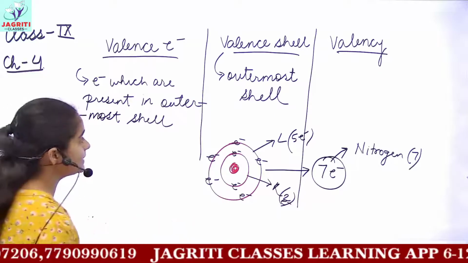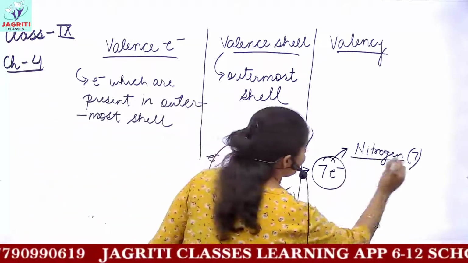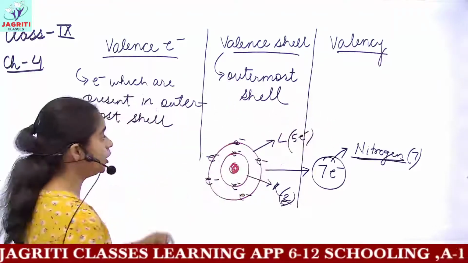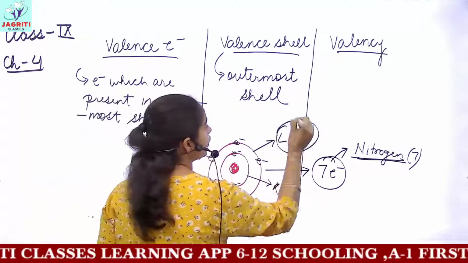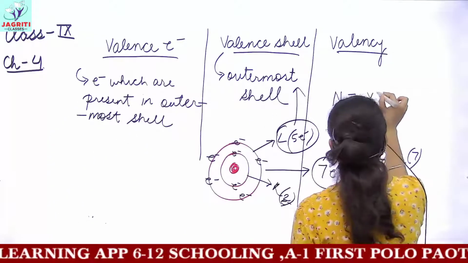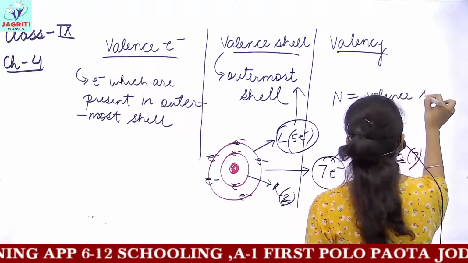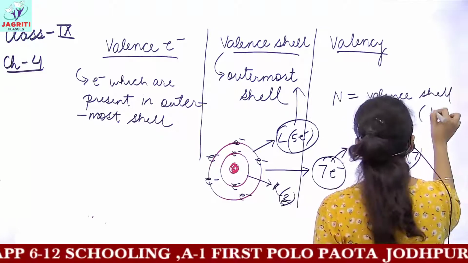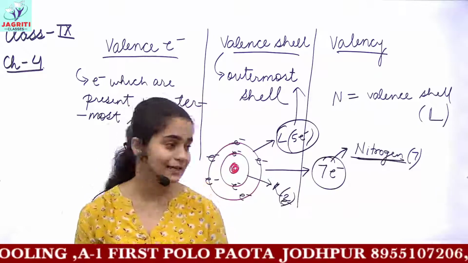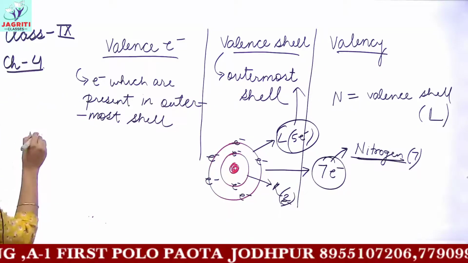Now you can see the valence shell of nitrogen. Valence shell means the outermost shell. So for nitrogen, the valence shell is your L shell.